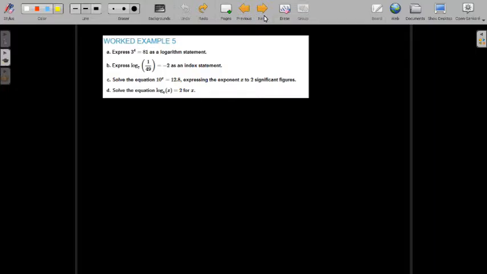We'll go on to some examples. So example 5. So expressing 3 to the power 4 equals 81 as a logarithm. So 3 to the 4 equals 81. Okay, so the index form is given by base 3, and index or logarithm of 4, and number 81.